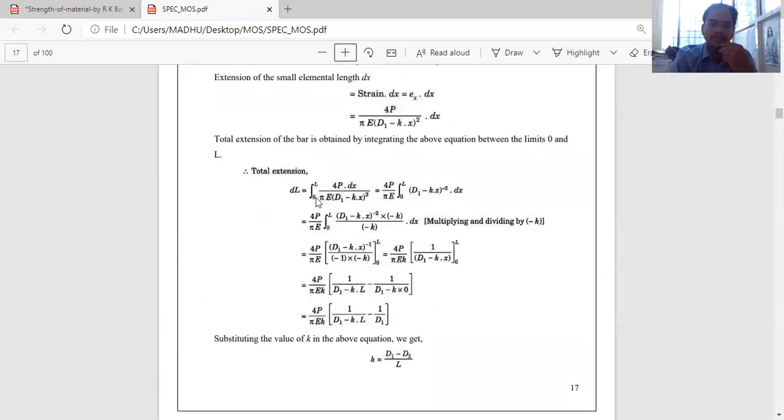Now integrate from 0 to L: 4P dx by pi E (d1 minus kx) whole square, which is 4P by pi E integral 0 to L of (d1 minus kx) to the power minus 2 dx. On integration, whatever value we get will be the final result. Here some mathematical calculation is done, multiplying and dividing by minus k.